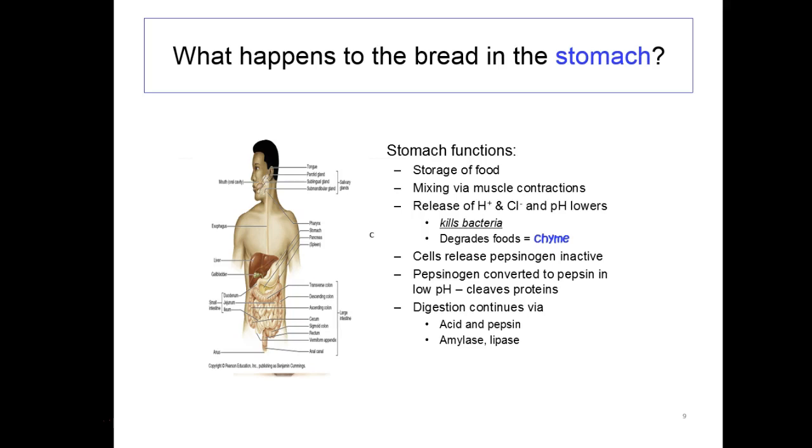And remember, whenever you see the word gen on the end of a word, that means it gives rise to, so it's not active. Pepsinogen is converted to pepsin, which is the active form that can actually break protein bonds apart because of the lower pH of acid.